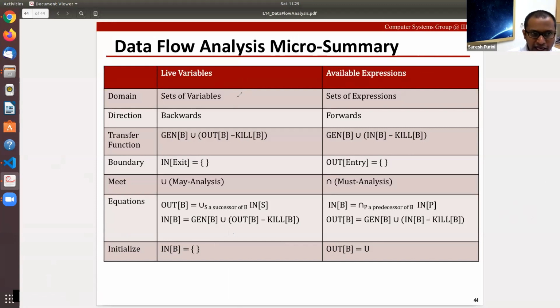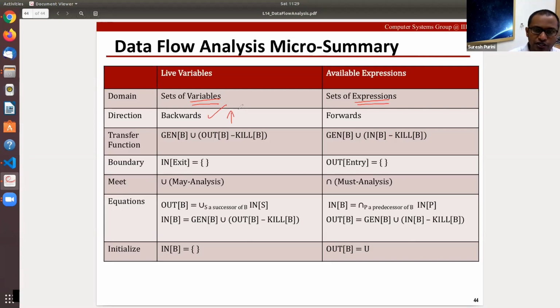In live variable analysis, at every program point, we want to compute the set of variables that are live. In available expressions analysis, at every program point, we are trying to compute the set of expressions that are available. Live variable analysis is a backward data flow analysis problem.